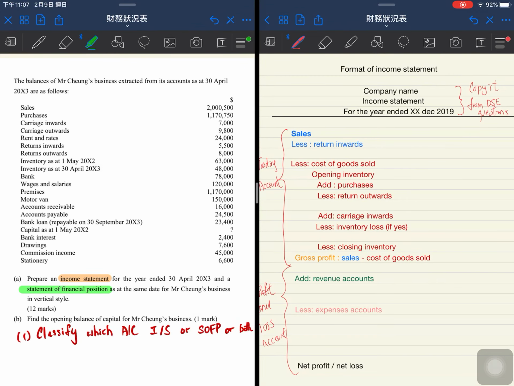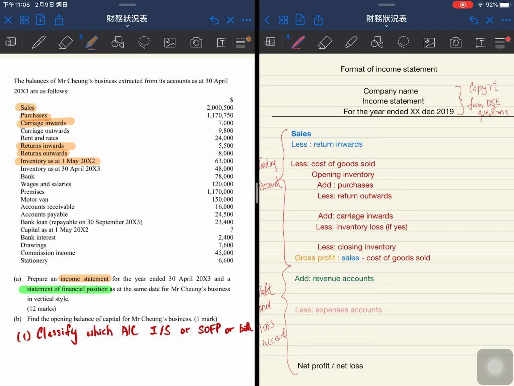For the income statement accounts, you may see sales, return inwards, opening inventory, that is opening inventory as at 1st of May, purchases, return outwards, carriage inwards, inventory loss.